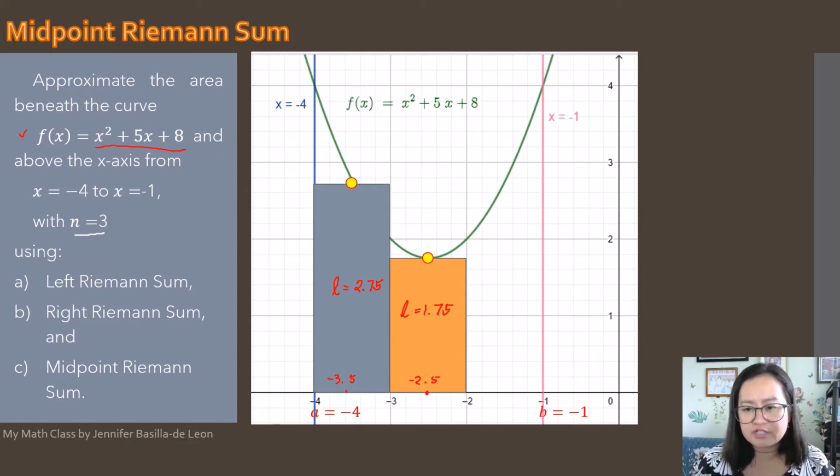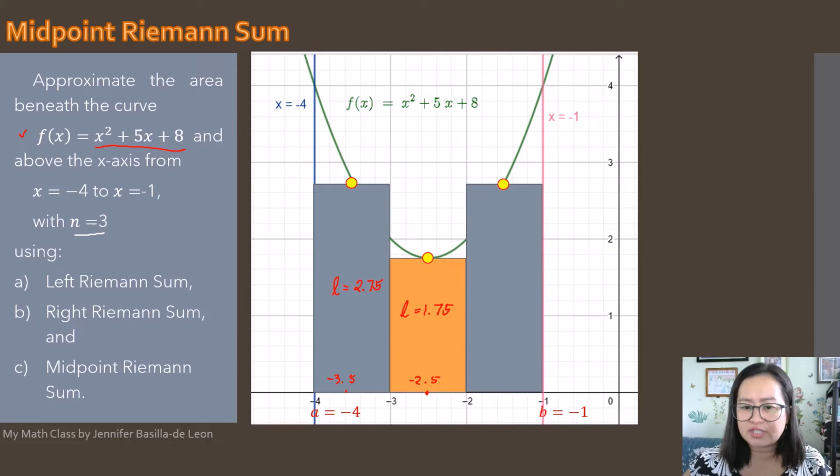For the third rectangle, we shall have the third subinterval, and its midpoint is -1.5. So we evaluate now the function f of x equals x squared plus 5x plus 8 at x equals -1.5.